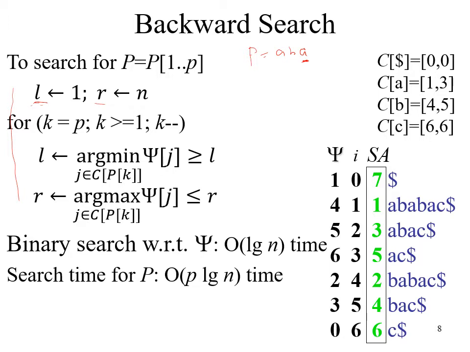We assume that there is some terminator here. First LR is 1 to n, so this is the entire range of the suffix array. Then next we want to compute the range for pattern A, which is here, 1 to 3. To compute the next, we update LR to 1. This is 0.